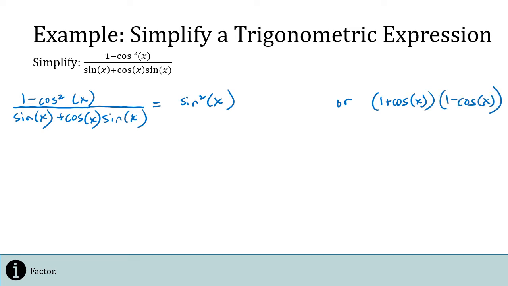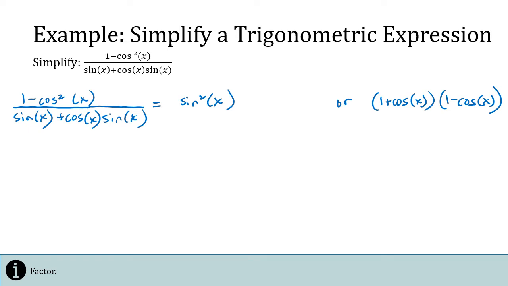Right? Those are the 2 things that I could do on this. I'm going to show you both because in this situation, they're not asking me to prove that this original problem equals a specific thing, so I can really do either way, just as long as I rewrite it.